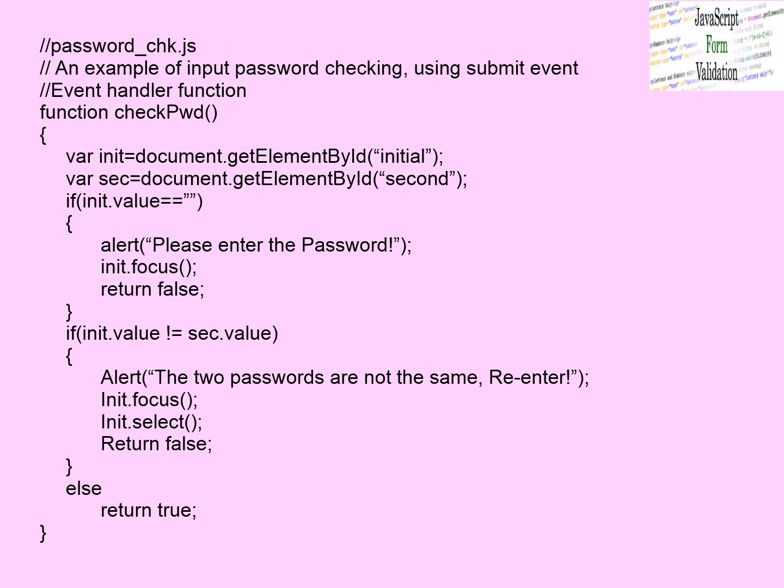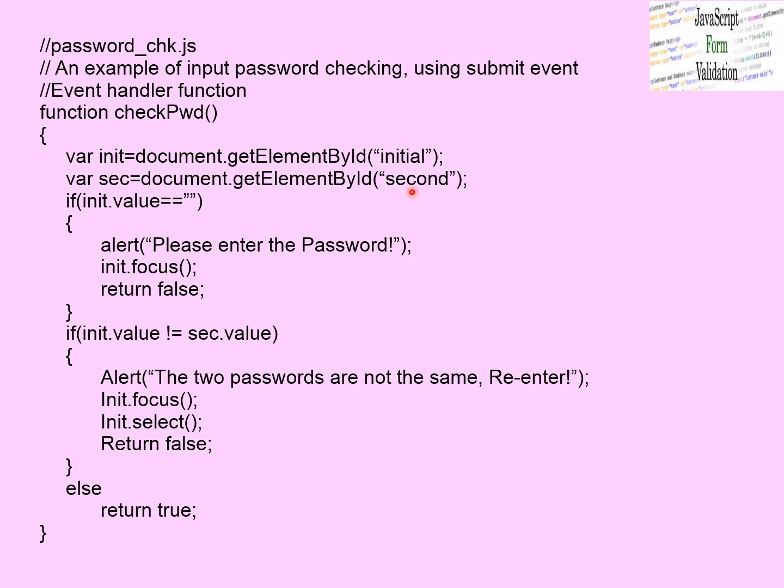Inside the example, we are trying to check the password. It's password_check.js, an example of input password checking using a submit event handler function. Here the name of the function is checkPWD. We have an initial variable: init = document.getElementById("initial"), and a variable second = document.getElementById("second").